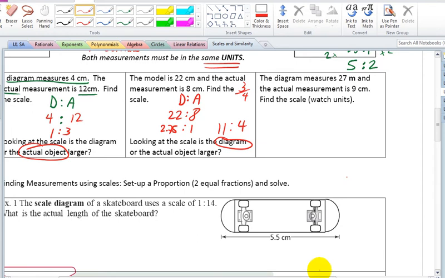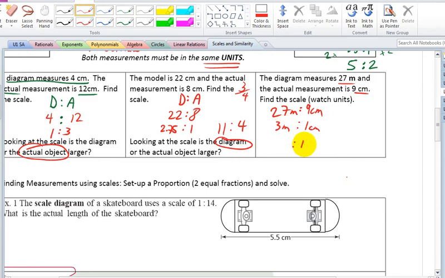Next one, now we have units which are different. That's a problem. So you can fix them at the beginning or you can fix them at the end. I'll show you both methods. Right here I'm going to fix them at the end, so divide by 9. We get 1 centimeter represents 3 meters. Now you can use that in math, but it's not proper to have your scales having different measurements.